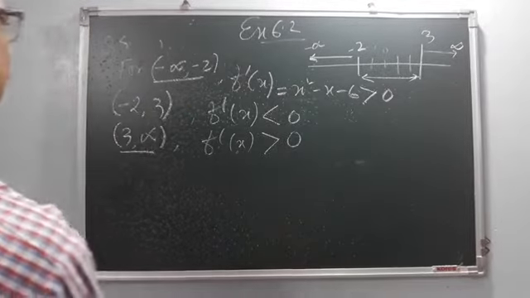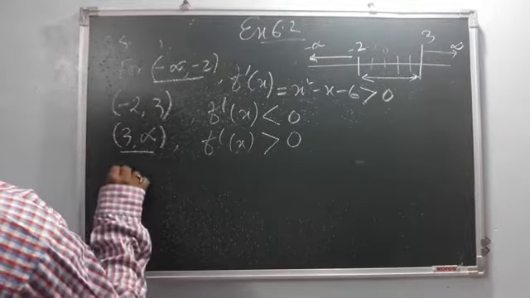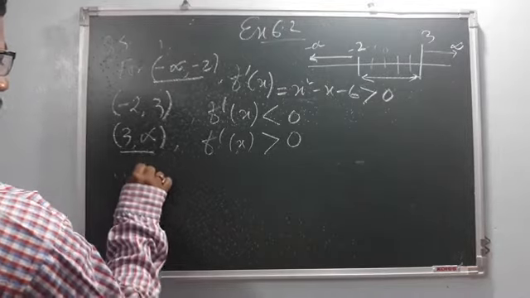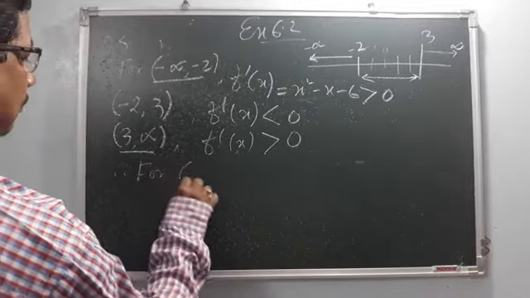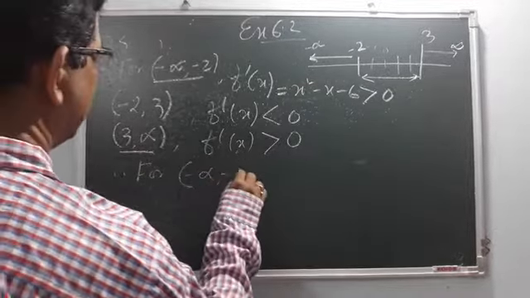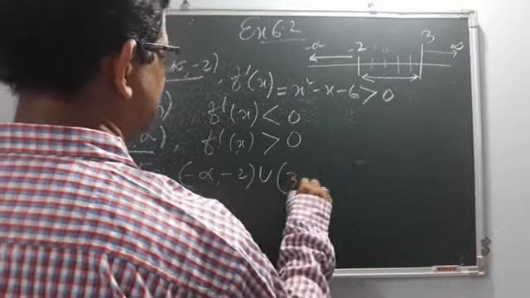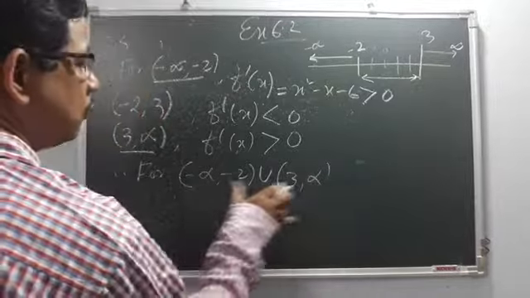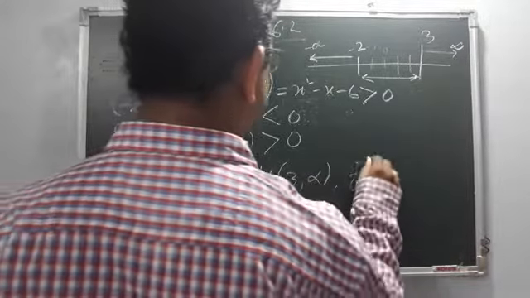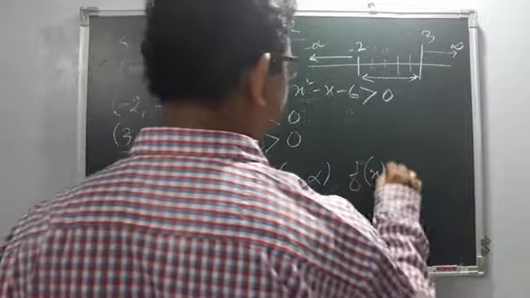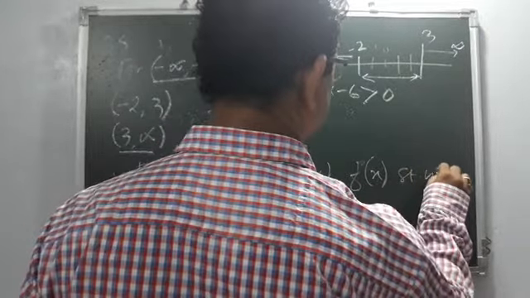So you will write, therefore, for minus infinity to minus 2 union 3 to infinity, f x is strictly increasing.